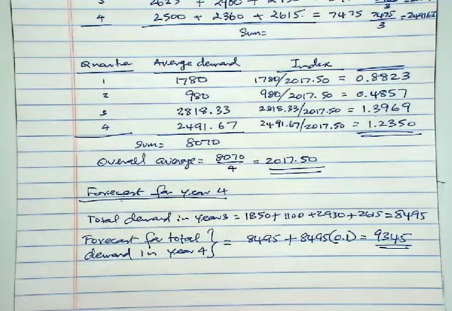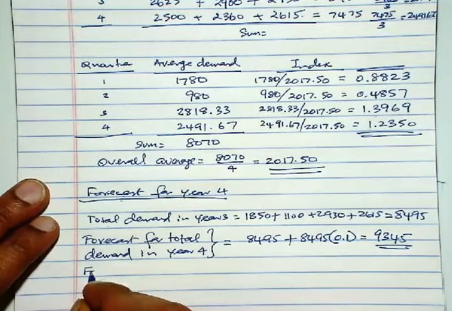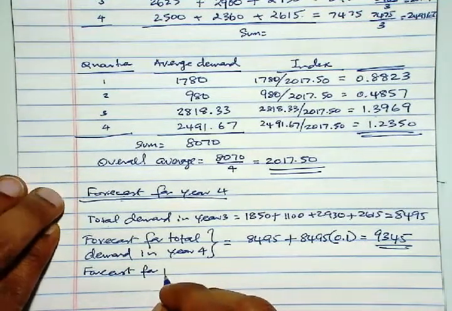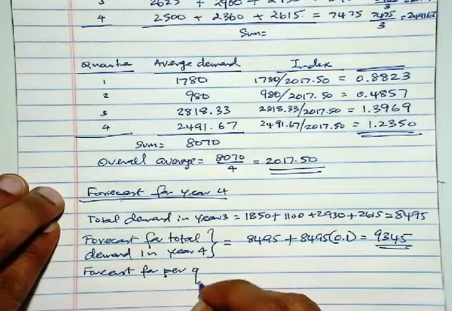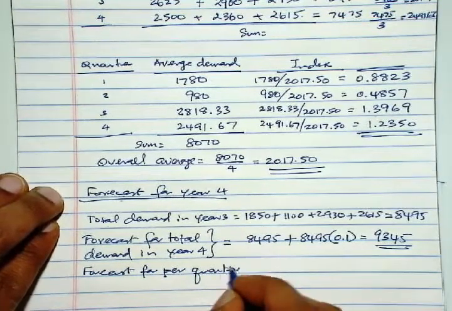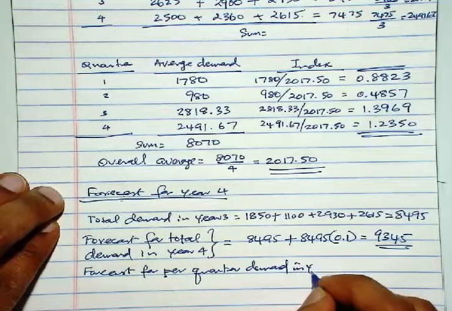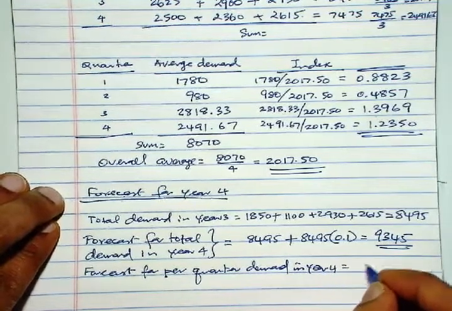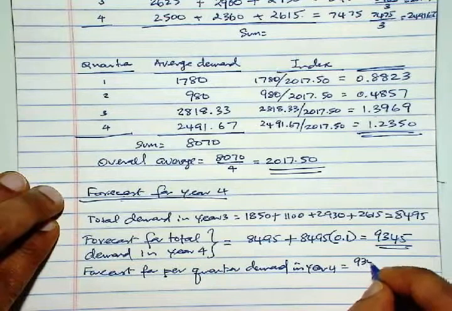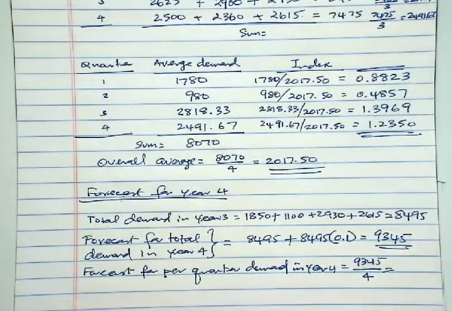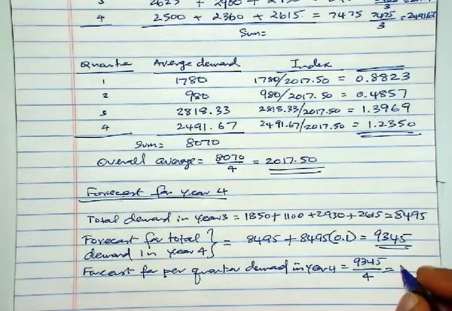So per quarter forecast, per quarter demand in year 4 is you take that 9345 and you divide by 4, so that will give you what the demand will be for 1 quarter.